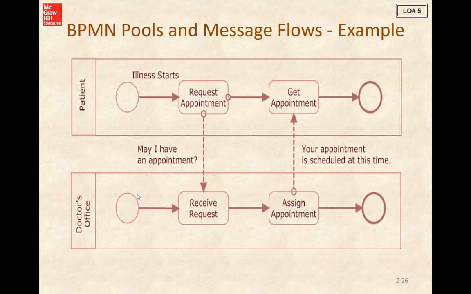This is where the doctor's office starts. They receive the request. They assign an appointment, with a message flow back to our patient saying when their appointment is scheduled. Our patient takes the appointment, and their process ends with a bolded circle. Whereas for the doctor's office, as soon as they've communicated that appointment back to the patient, their process ends with their bold circle.